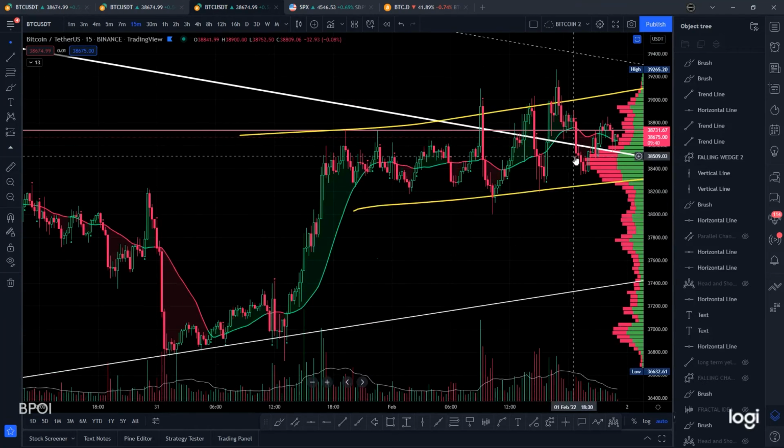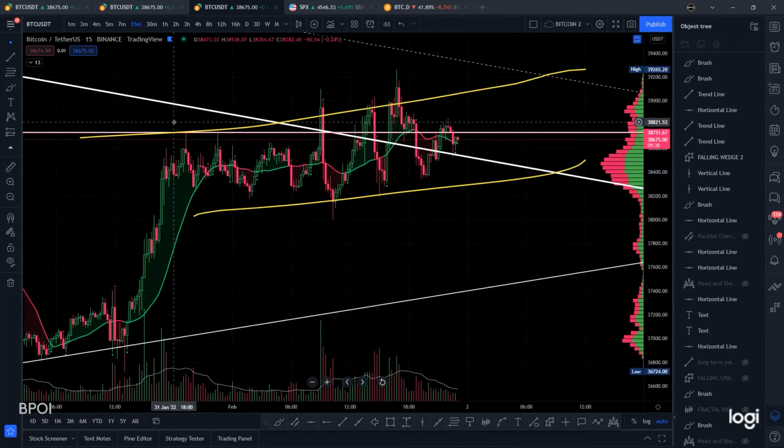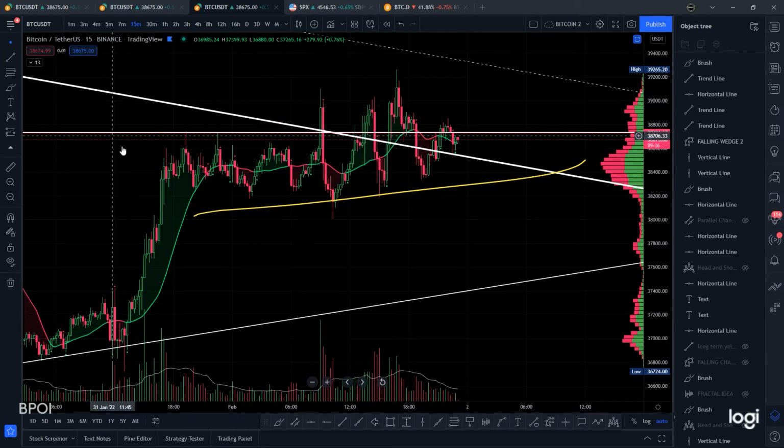Okay, possible rising wedge again here. So let me just very quickly.